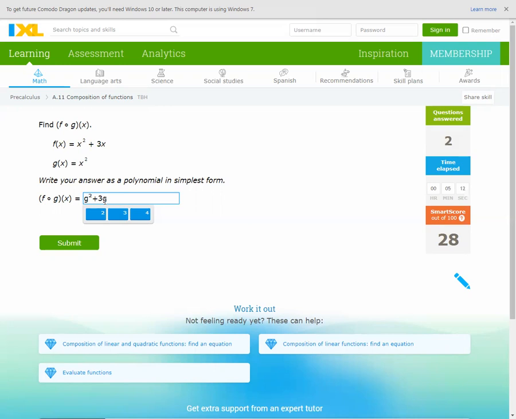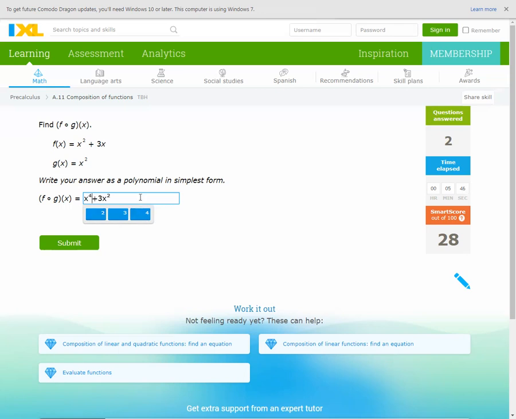Now I am asking myself, what's the rule of g? The rule of g is x squared. So instead of g, put x power 2, and also here, instead of g, we have to write x power 2. But notice that we have x power 2 and also once again power 2. 2 by 2, you should multiply the powers.